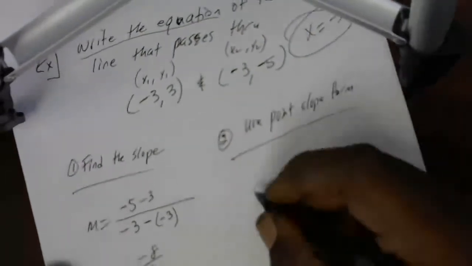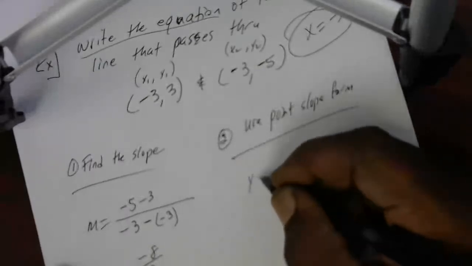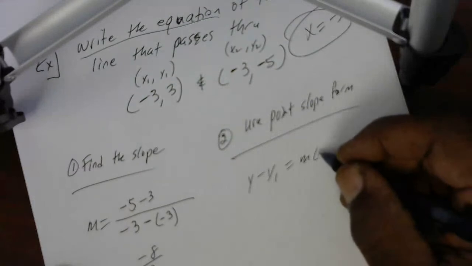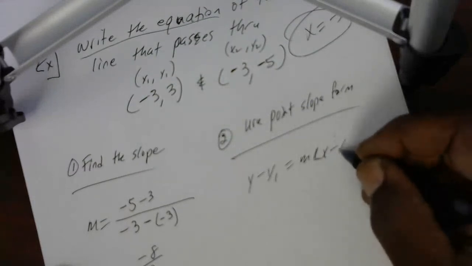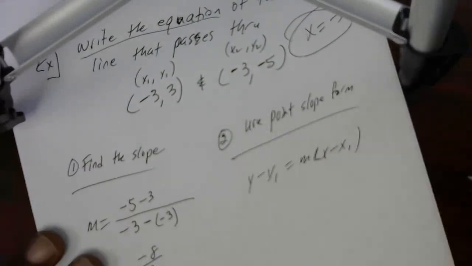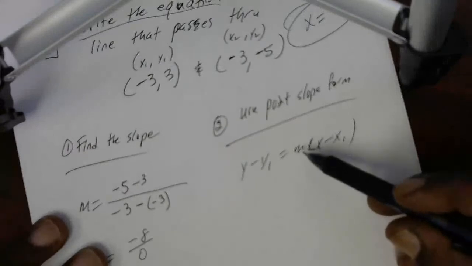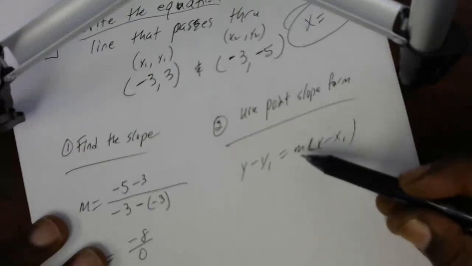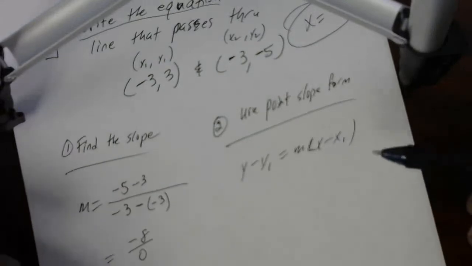Right, so now if you were to use point slope form, y minus y sub 1 is equal to m times x minus x sub 1, right? Notice how everything breaks down because the slope is undefined and there's nothing to substitute in for the slope.